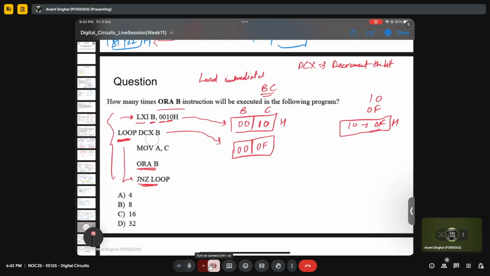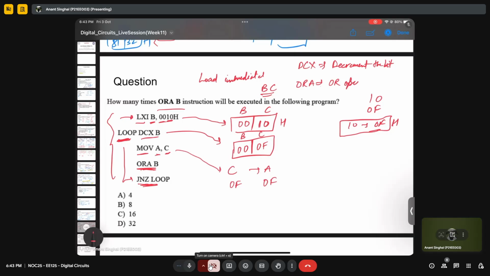Now it says move the content of C to A. So this is BC, and C has 0F, right? So A will also have 0F. Now it says ORAB. ORA is nothing but the OR operation, that OR gate that we have.